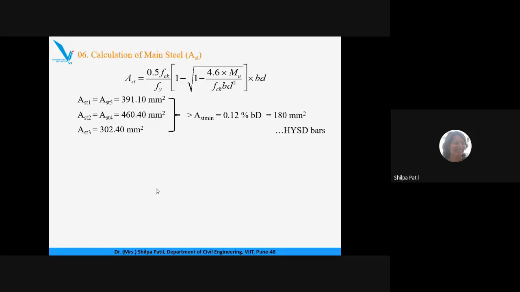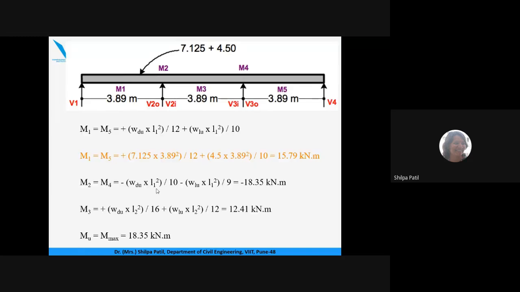Now next step is the most important. We are supposed to calculate the main steel. To check the moment carrying capacity, we have compared the MUR max with the maximum moment. But for that maximum moment, we do not calculate the AST. AST we calculate as per the individual span. This is because we already know, I will go back to the maximum MU value.